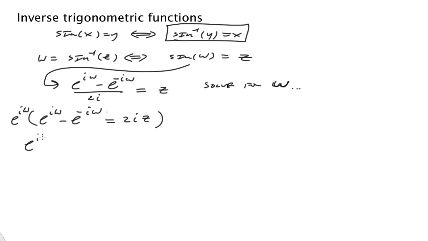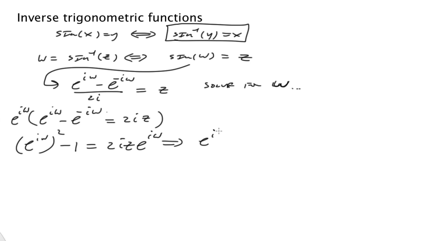That makes e to the iw quantity squared minus 1, and then I'm going to move this over, and that's going to be equal to 2iz e to the iw.